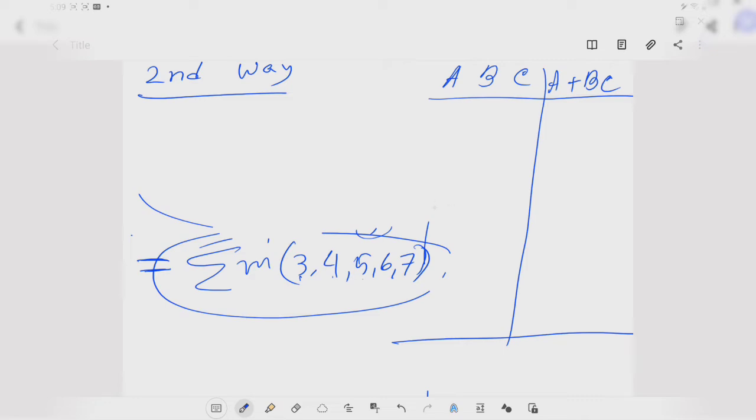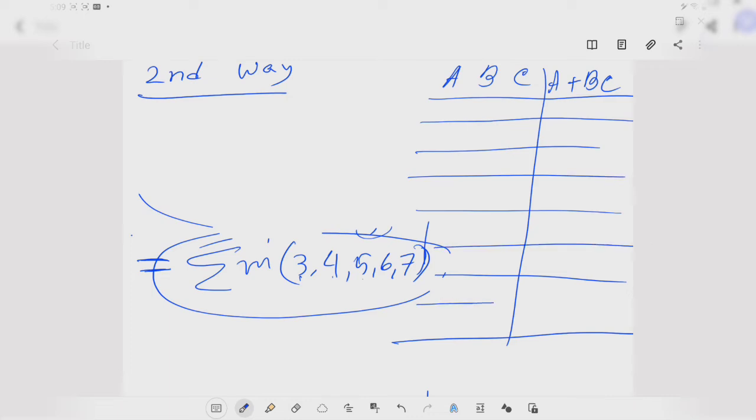Okay, so now we have 8 combinations: 0, 0, 0, 0, 0, 1, 0, 1, 0, 0, 1, 1, 1, 0, 0, 1, 0, 1, 1, 1, 0, 1, 1, 1.